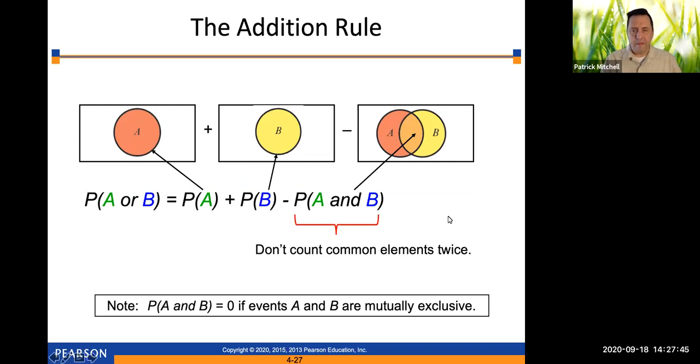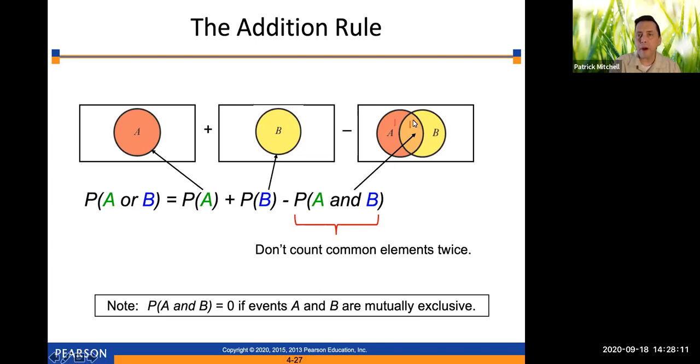All right. Here is a Venn diagram illustration of the addition rule. The probability of A or B. You take the probability of A plus the probability of B. Now, what's happened after you have added the probability of A plus the probability of B, see A is here. I'm just going to put a little tick mark there.